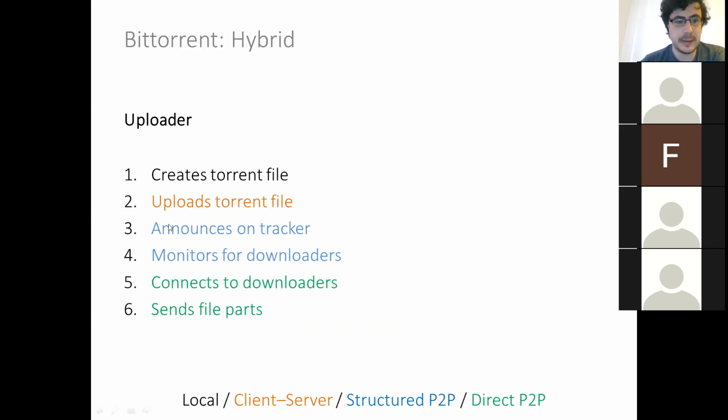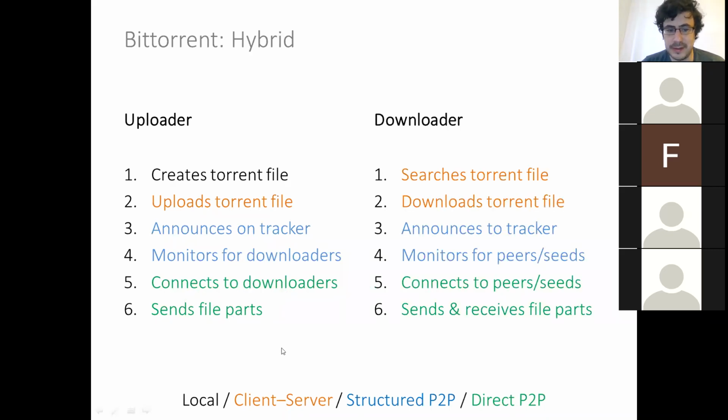So in summary, the uploader creates a torrent file, which is a description of the data to be shared, uploads it to a torrent file search engine, connects to the tracker and announces that they're connected, monitors the tracker to check who's connecting, connects to the downloaders, and then starts sending parts of the file, prioritizing parts of the file that have not been shared with many peers.